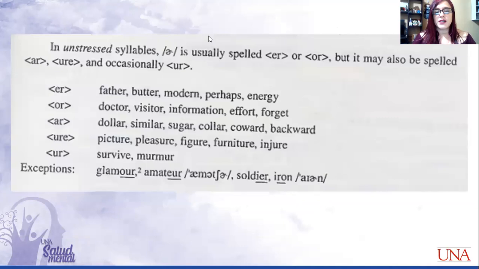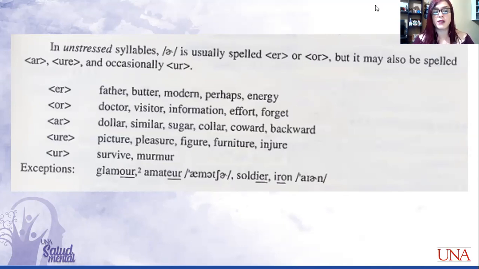Okay, this section is referring to the spelling pattern. So this is taken from the book Accurate English Pronunciation. So the idea is that you can identify all the different letter combinations where you're gonna find this sound, which is basically spelling patterns. So we have ER or OR.